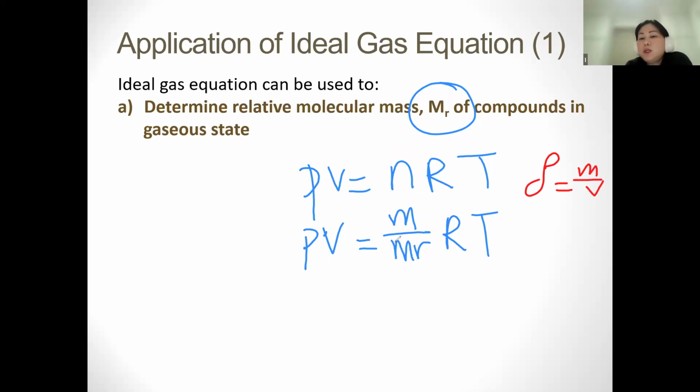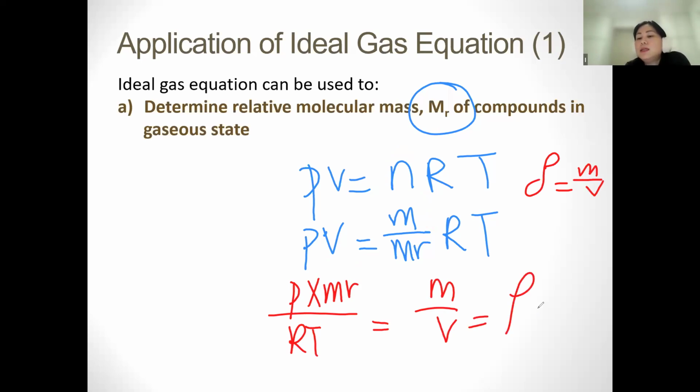If we rearrange the equation to make m over V on one side, we will have P times Mr over RT equals to mass over volume, which is density. So density will therefore be calculated by P times Mr over RT. So it's from the same ideal gas equation formula that we can find the Mr and can find density of a gas.